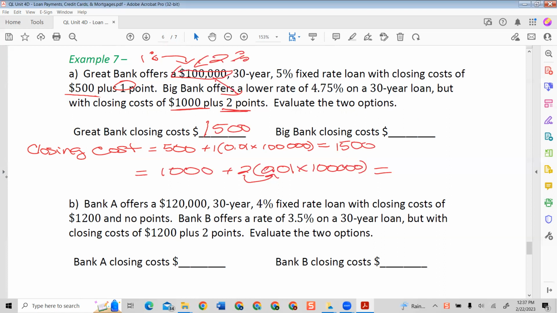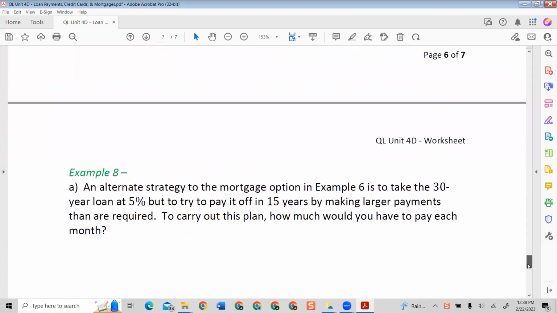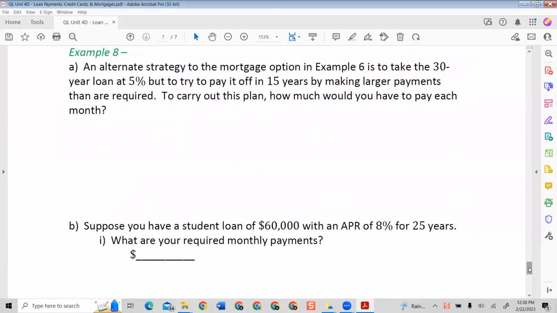So we got 0.01 times 100,000 times 2 plus that 1,000. Watch your zeros too. It's easy. Like I have to count mine sometimes, especially when I have a lot of zeros. So that's going to be 3,000. So I want you to take the example above and figure out and calculate part B. And again, holler at me if you have any questions. Let's do example 8.